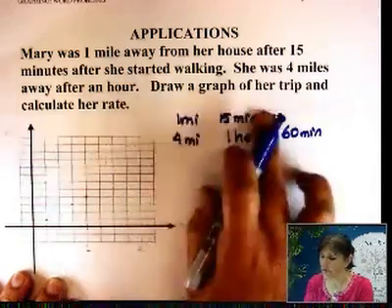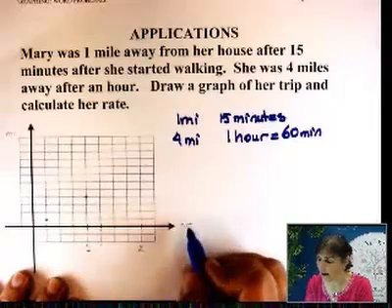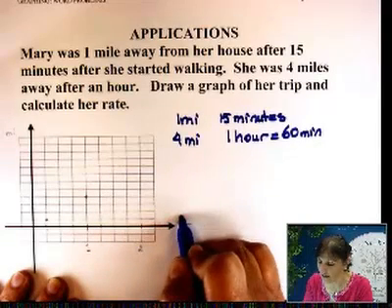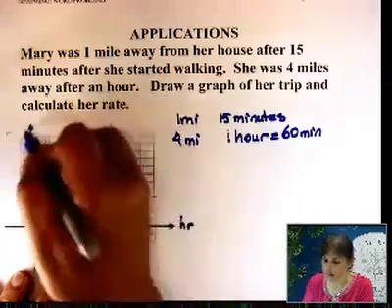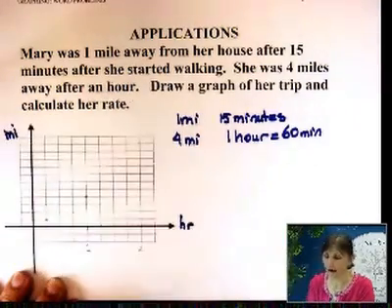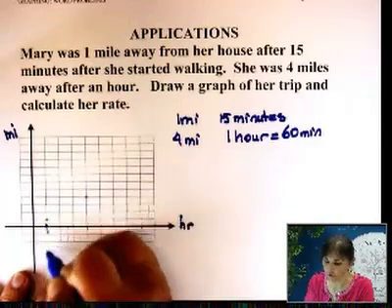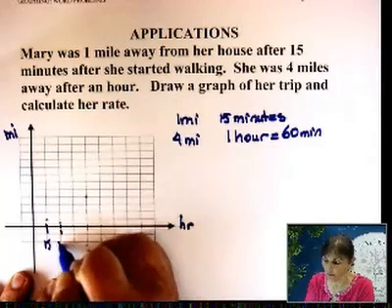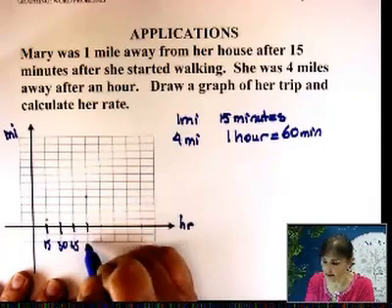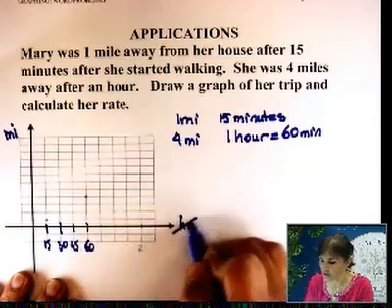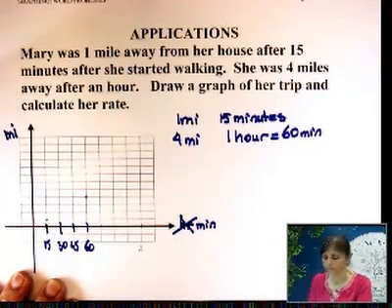Okay, these two match, miles and minutes. Probably I am doing the minutes or hours on the x-axis and the miles on the y-axis. If I'm doing every 15 minutes, watch: 15 minutes, 30 minutes, 45, and 60 minutes. Let's change the hours to minutes so it doesn't confuse us.